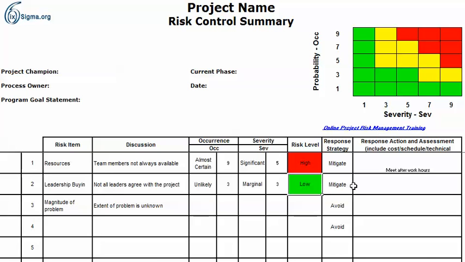And again, I would decide based on one of the response strategies that we learned in the module, perhaps I'm going to transfer this risk.